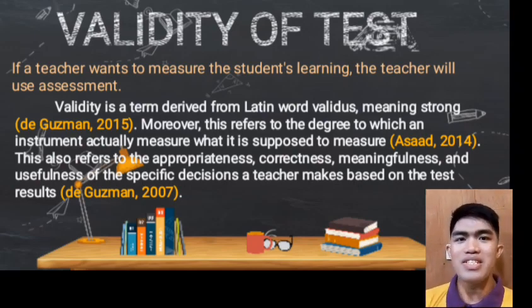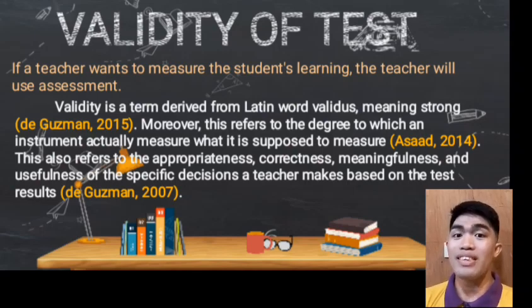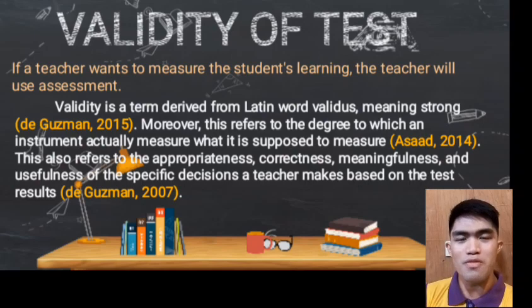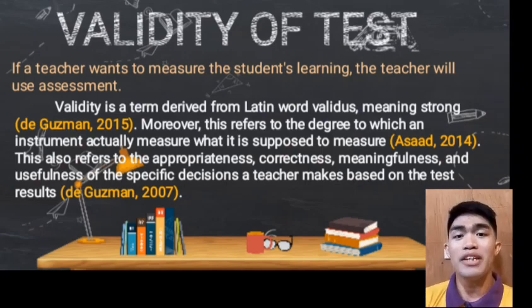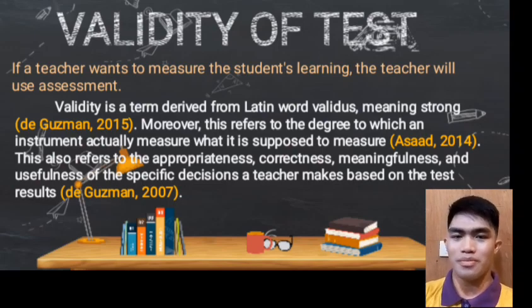Moreover, this refers to the degree to which a test actually measures what it is supposed to measure, according to Asaad 2014. Is our tool being used to measure what it is supposed to measure? Yes, it has been measured exactly. And take note po that the process of establishing validity of a test is done after the test result.